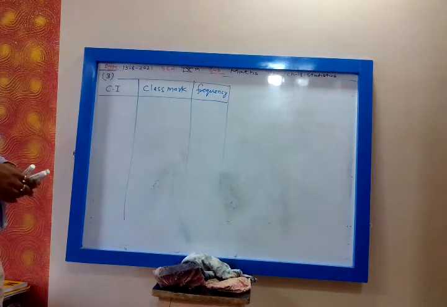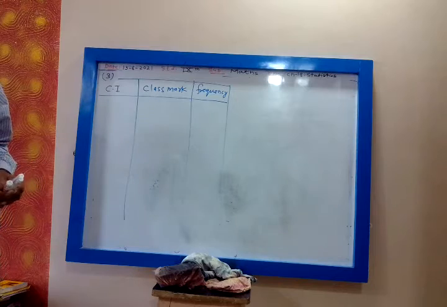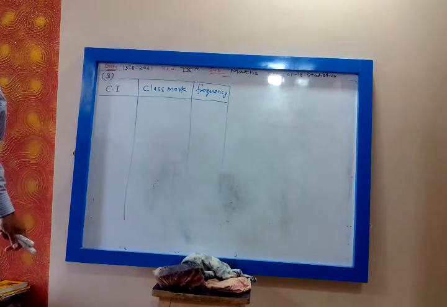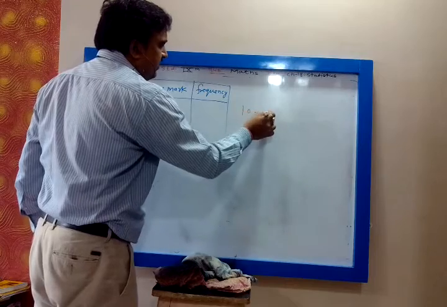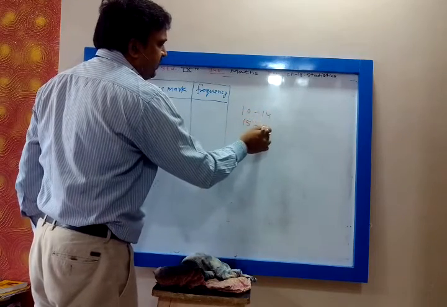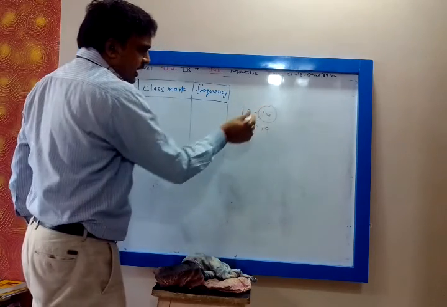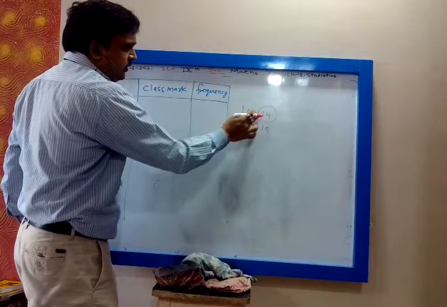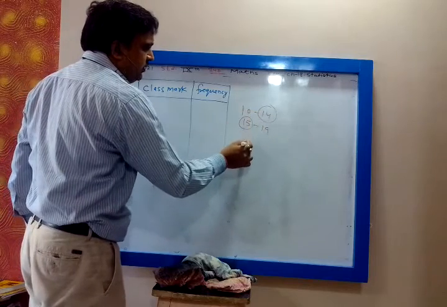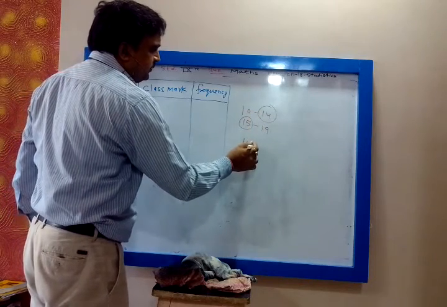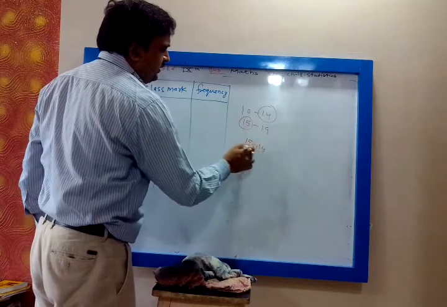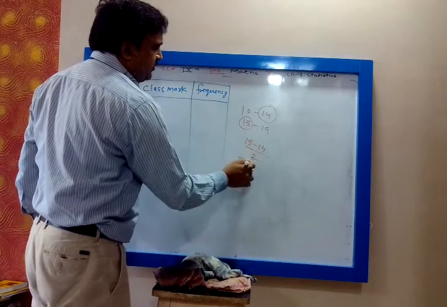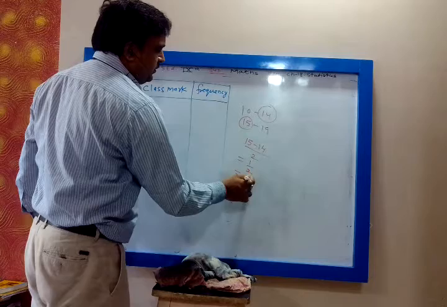So how will we find the adjustment factor? Tell me. See, it is 10 to 14 and 15 to 19, correct? So the upper limit is 14, the next lower limit is 15. 15 minus 14 divided by 2, that is 1 divided by 2, that is 0.5.